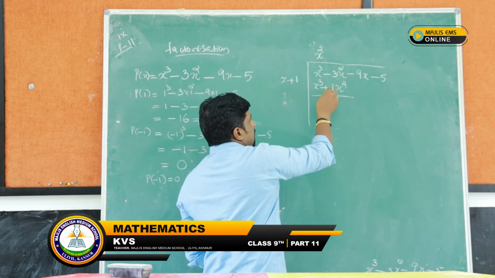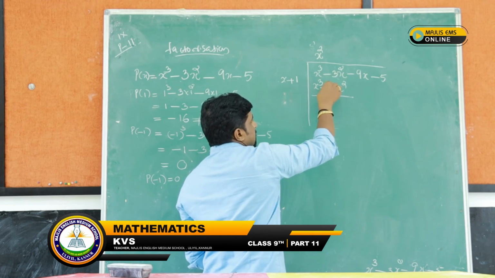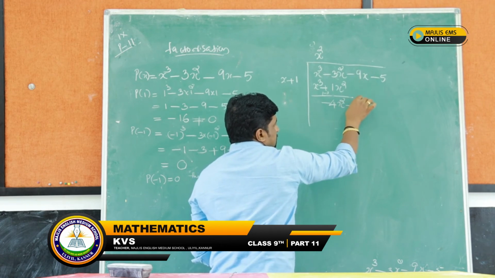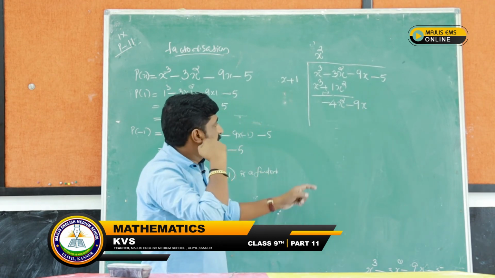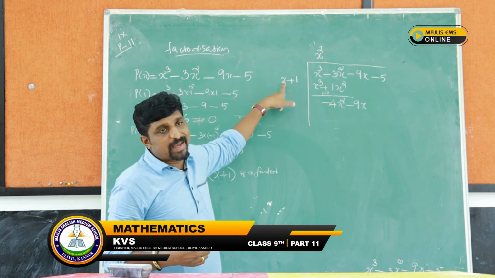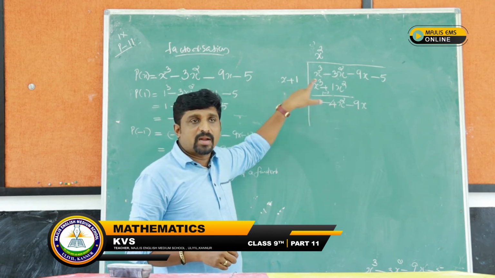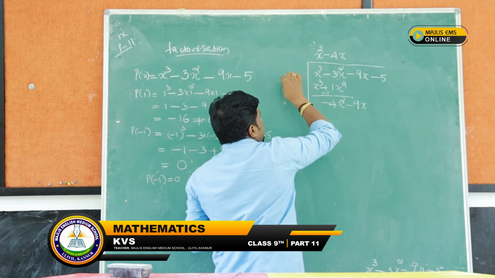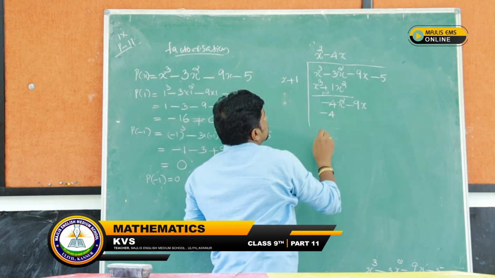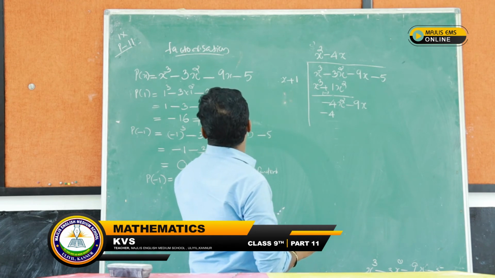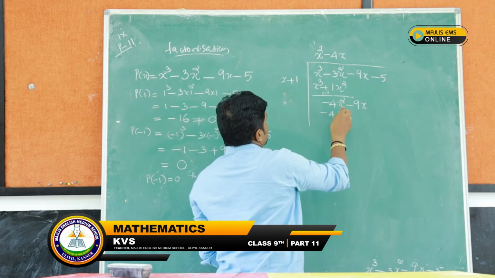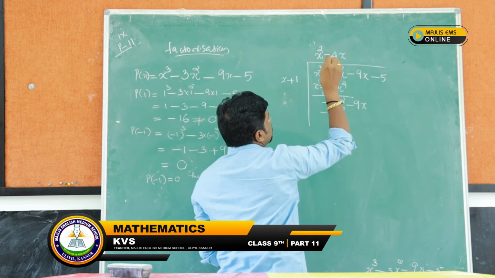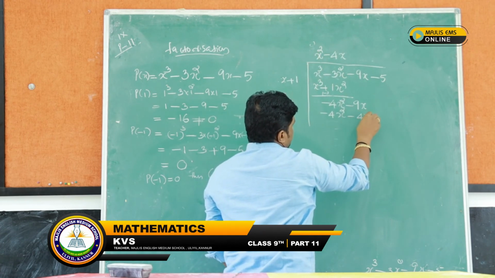Then minus 3 minus 1 becomes minus 4, minus 4x square, next term minus 9x. After divide, minus 4x square dividing by x is minus 4x. Minus 4x into x is minus 4x square, minus 4x into 1 is minus 4x.